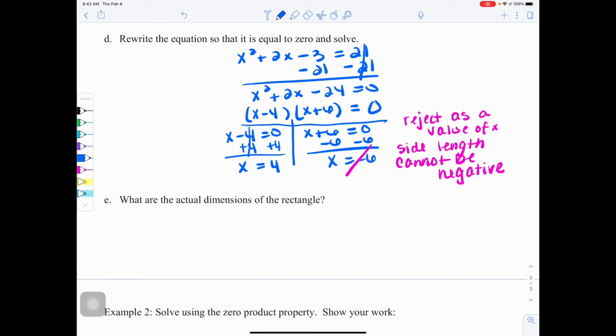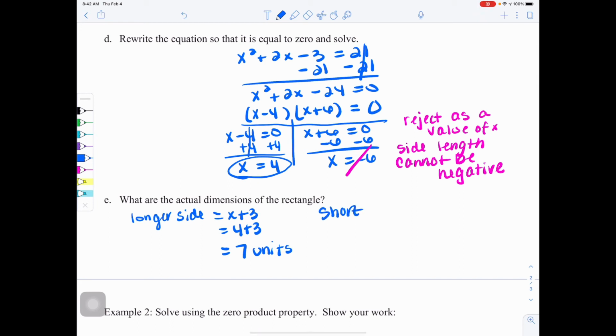Okay, so remember that the longer side was x plus 3. But now that we know we're going to use x equals 4, so that's 4 plus 3, which means it's 7 units. And that makes my shorter side, which was equal to x minus 1, 4 minus 1, and therefore 3 units.